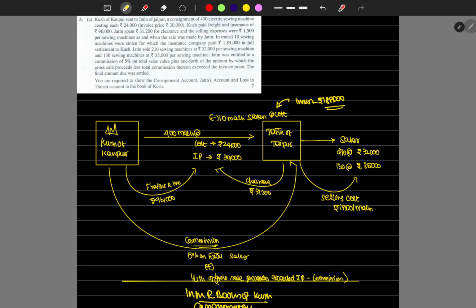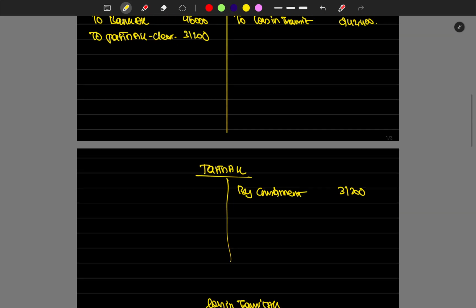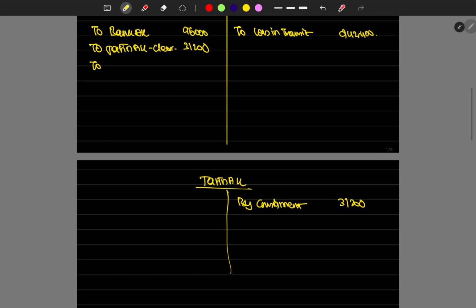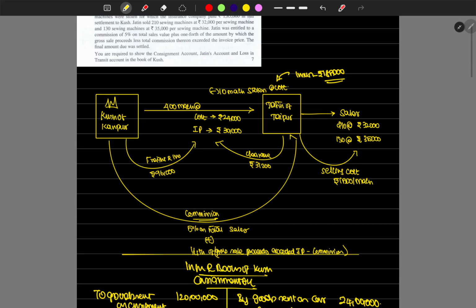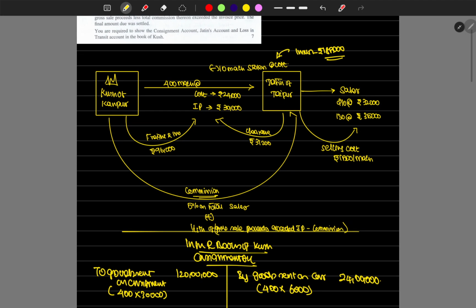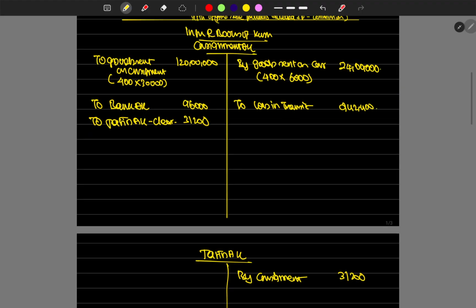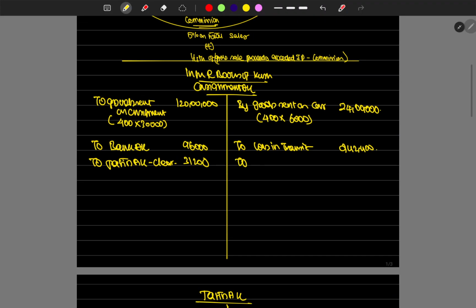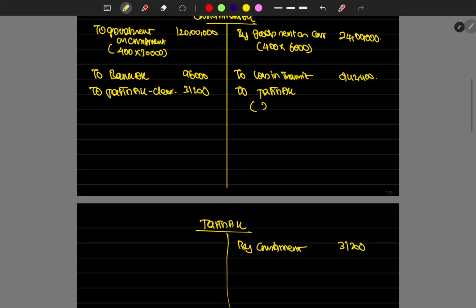Then Jatin has sold the goods, right? So how much was the sale amount to Jatin account, which is how much he sold? Sorry, this is a sale item, right? Sale item should come under the credit side. So to Jatin account, which is 210 at 32,000 plus 130 at 35,000, right?